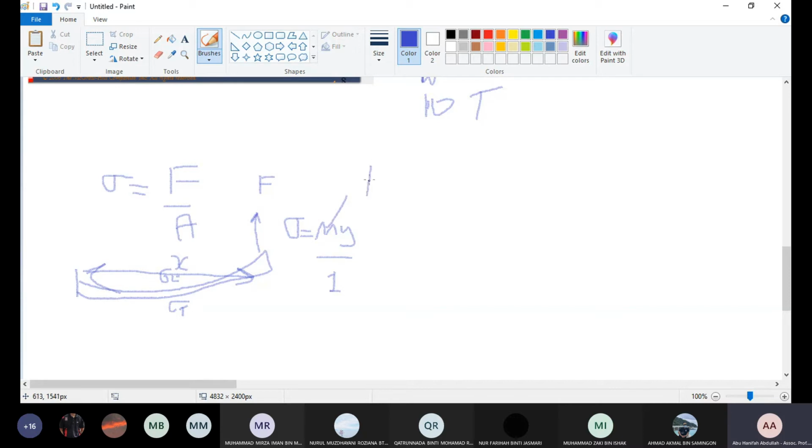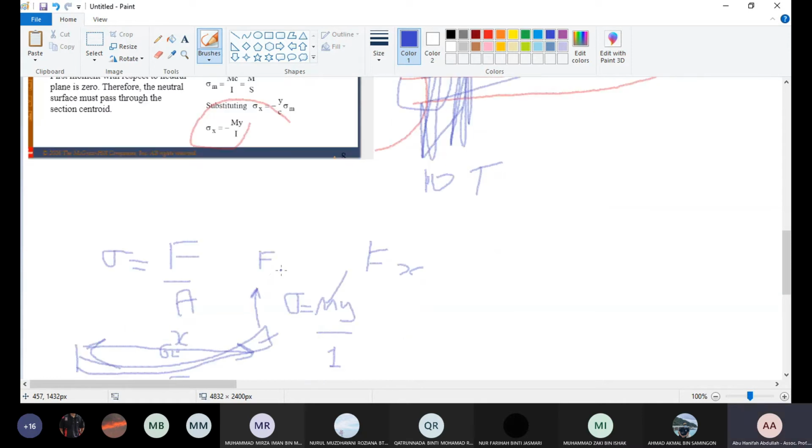So here is force times x, the moment, times y, the distance from the neutral axis. The neutral axis is the axis where no change occurs. And the moment of inertia depends on the cross-sectional area of the part and component.